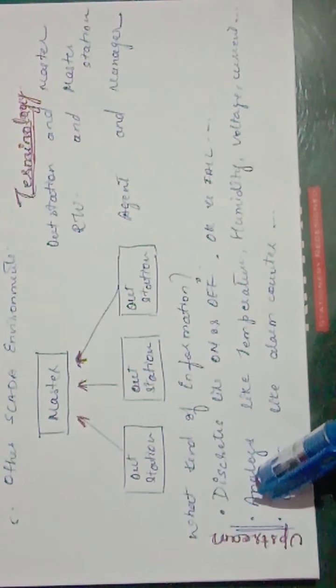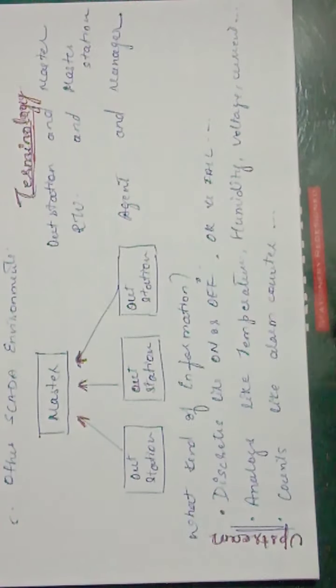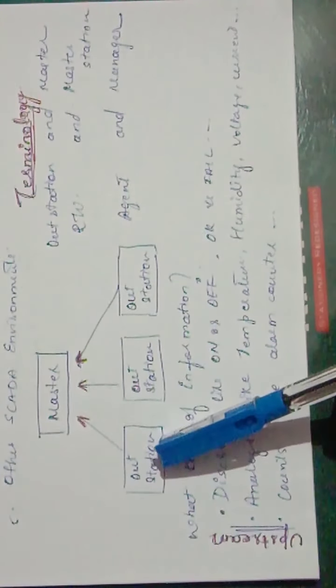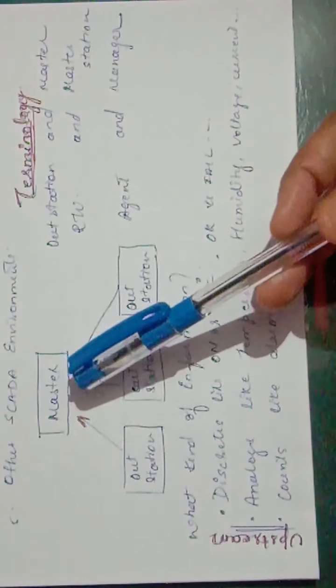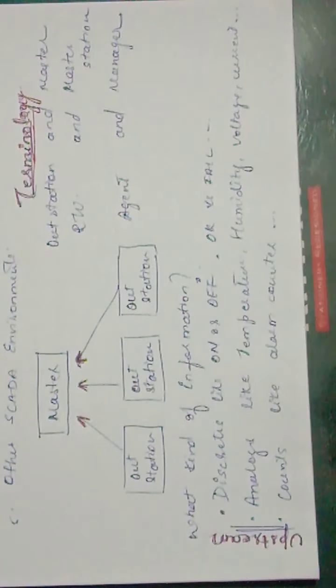Also you can have analog values like the reading of your temperature, humidity, voltage, or current. Or it can be some counts, like your alarm counter, etc. These values are the data that is passed from your outstations to the master. That is the upstream data.